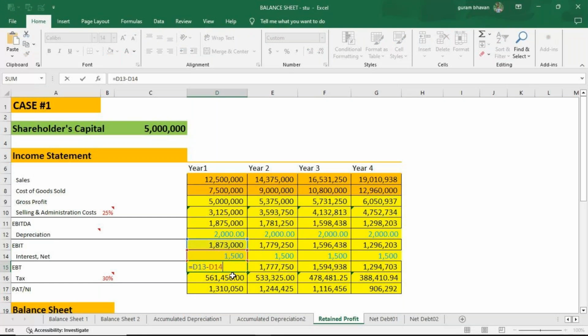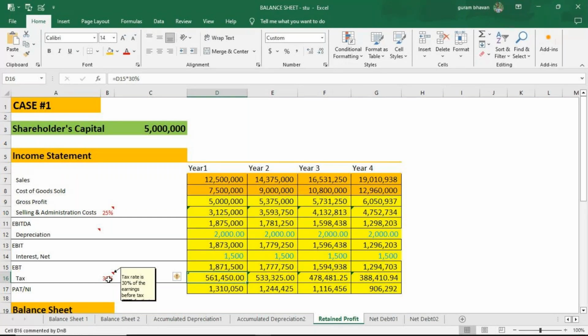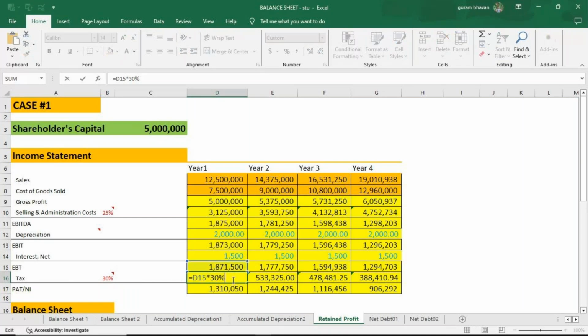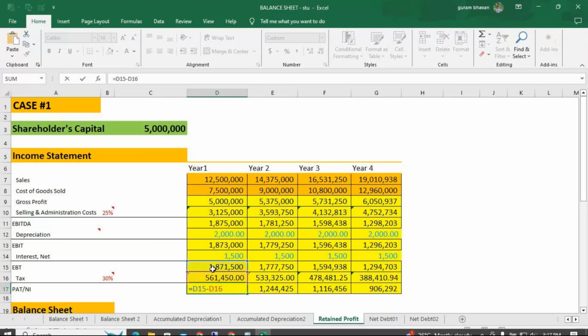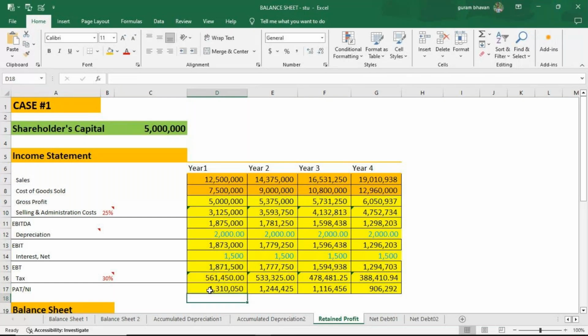The tax rate is 30% of the earning before tax, so EBT into 30%. Then profit after tax will be EBT minus tax. I am going to get my profit after tax, or net income.